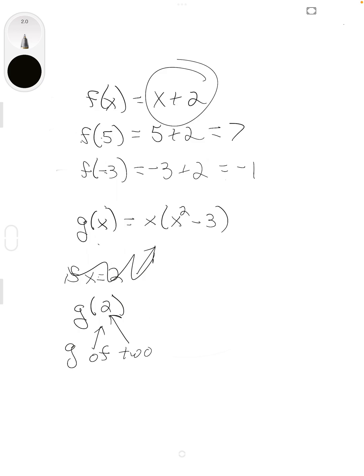That's g of 2. That's different than multiplying it times 2. So you're not saying g times 2. You're saying the formula g with 2 instead of that variable. Well, g of 2 is 2. Everywhere you see an x, you put a 2 there. And then you just do the math. Well, 2 to the second power is 4. 4 minus 3 is 1. 2 times 1 is 2. So in this case, this was one of the practice problems from lesson 28.